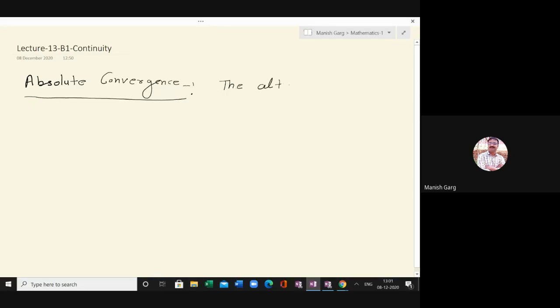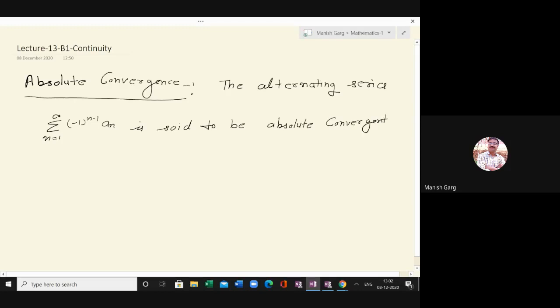The alternating series, that is, the sum from n equal to 1 to infinity of (-1)^(n-1) a_n, is said to be absolutely convergent if the series of mod (-1)^(n-1) a_n converges.